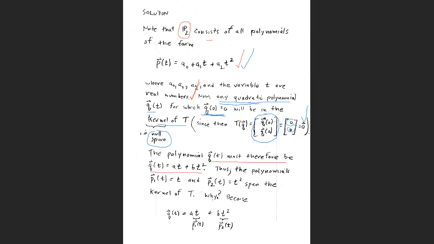Because if you put t equals 0 into this class of polynomials, q of 0 is equal to a times 0 plus b times 0 squared, and that equals 0. Those are the polynomials. These q of t polynomials, which equal at plus bt squared, form the kernel of your transformation.